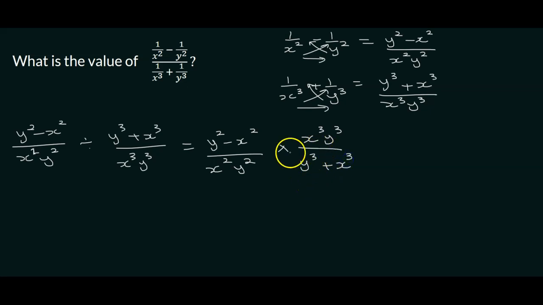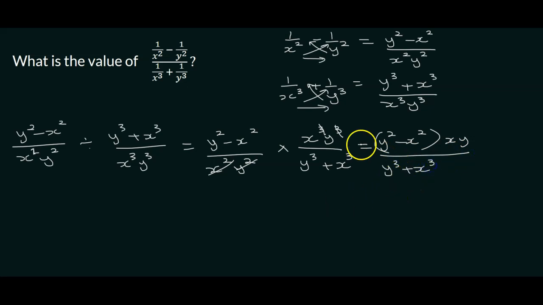And so now we can cross things out. So x squared here is going to cancel this right here. Y squared is going to cancel this right here. So we're going to end up with something that looks like this: y squared minus x squared multiplied by xy, divided by y cubed plus x cubed.